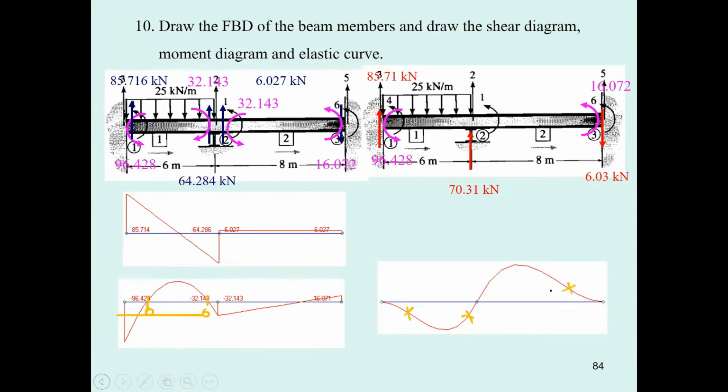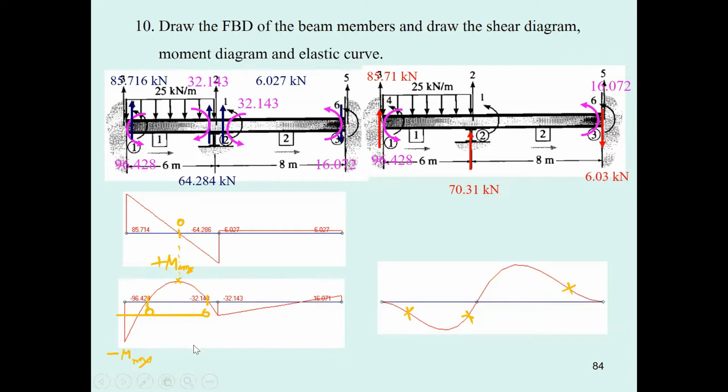We have 3 inflection points for the steel beam. The inflection point is not that very important, but for reinforced concrete, it is going to be very important. Don't forget about the point of zero shear that produces the positive M max over here. This is going to be negative M max over here.